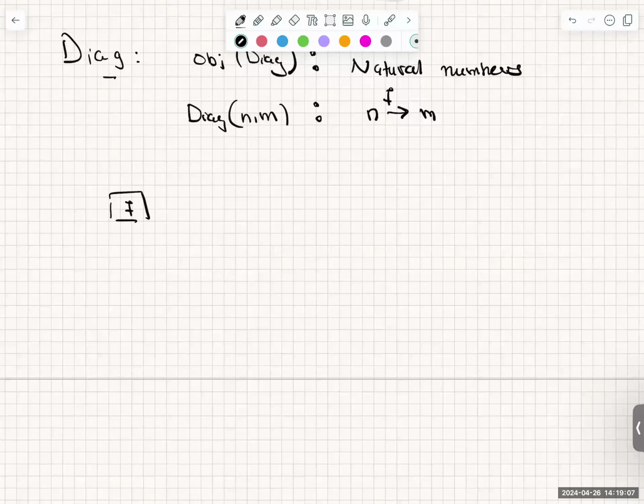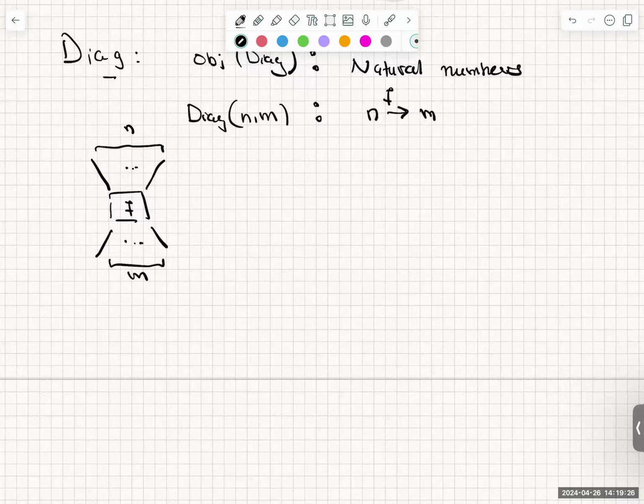So I have F, a morphism which has n inputs and m outputs.